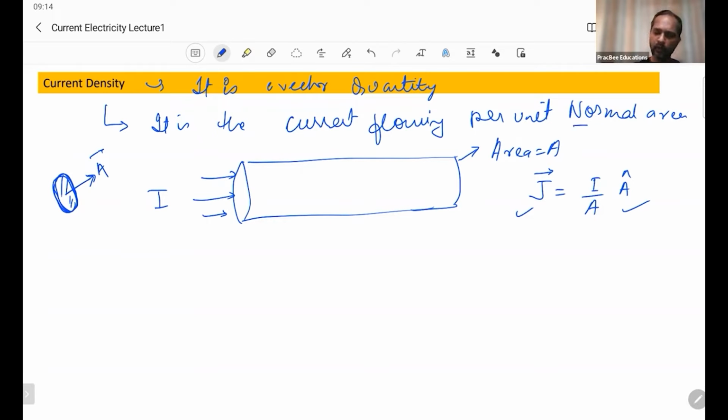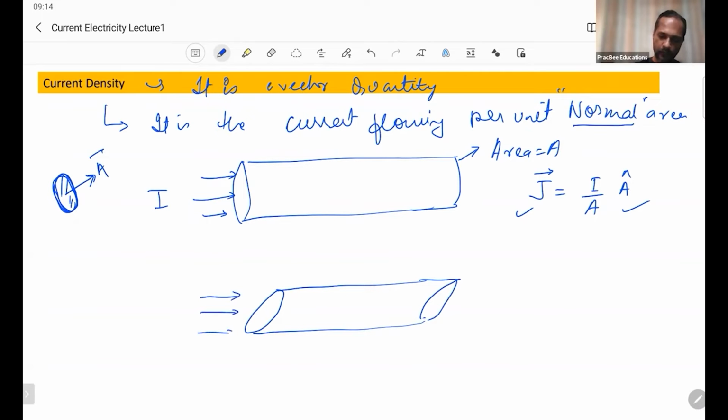But what do we mean by normal here? There is a word normal. Perpendicular, great. So if I have an area like this, and let's say current is flowing like this, and let's say this angle is theta. So we only take the area which is perpendicular.